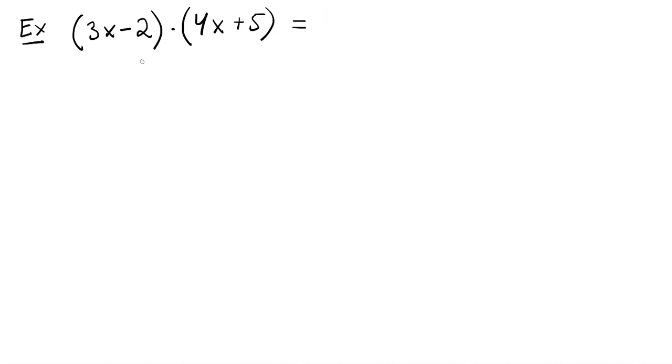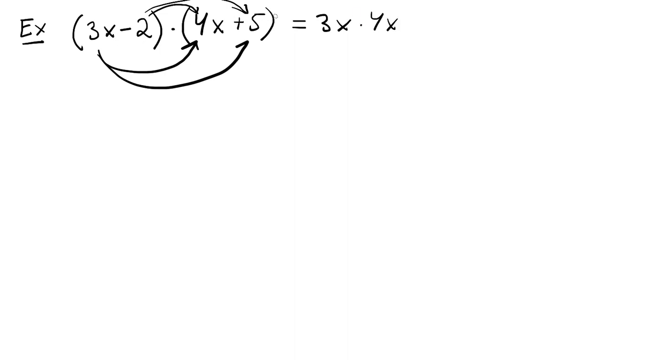Then we can use a formula for multiplication of sums. Okay, this is not really a sum, but we could write it as plus minus 2 if you like, so it is a sum. So then the rule is that we should multiply all combinations. So that times that, that times that, so we have 4. So first 3x times 4x, then 3x times 5.